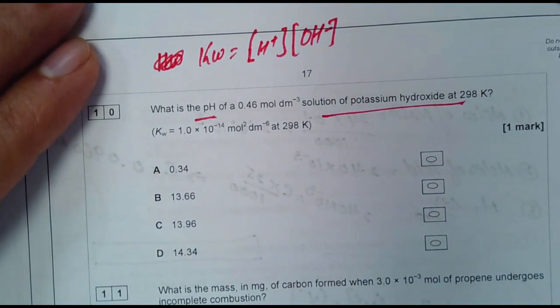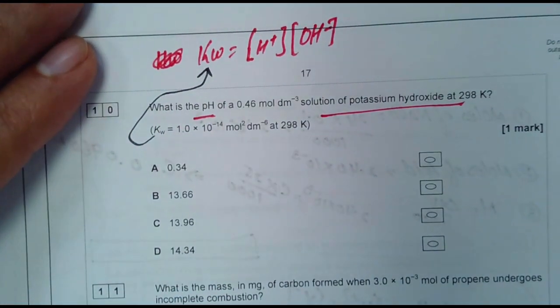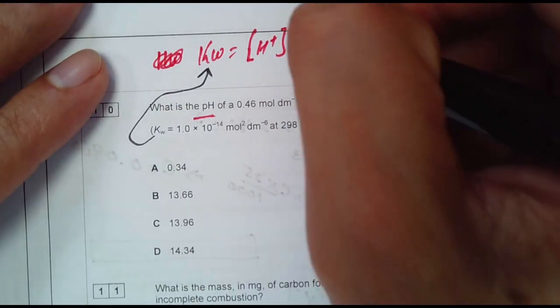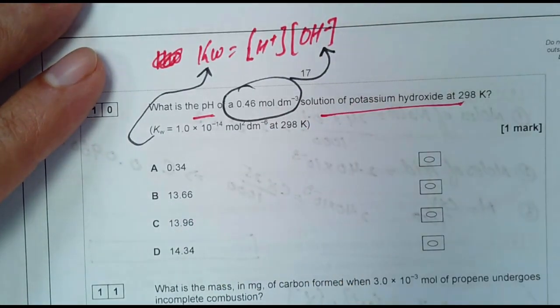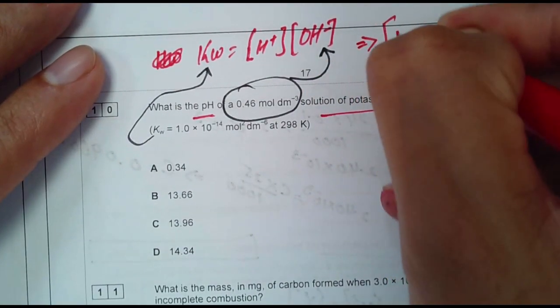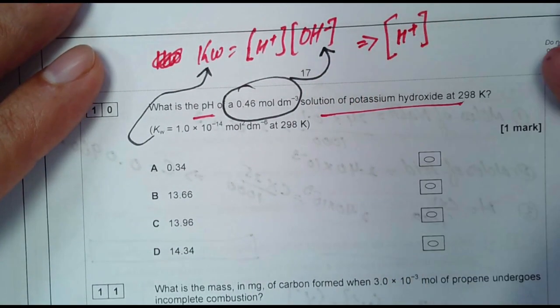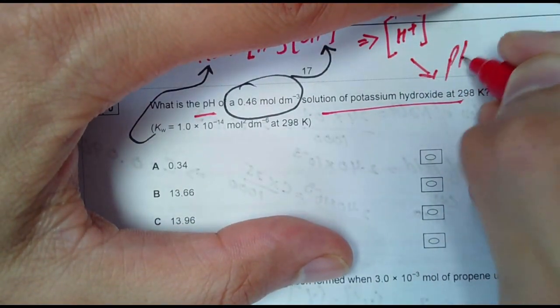We know the value of Kw. This value will be substituted there. We know the value of OH, this value will be substituted here. And from here, you will work out the value of H positive. Once you know the value of H positive, you can then work out the value of pH.